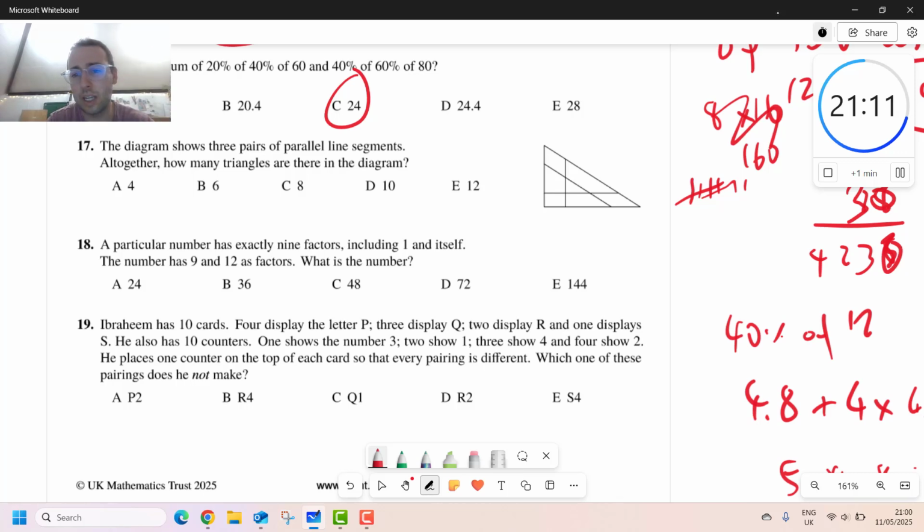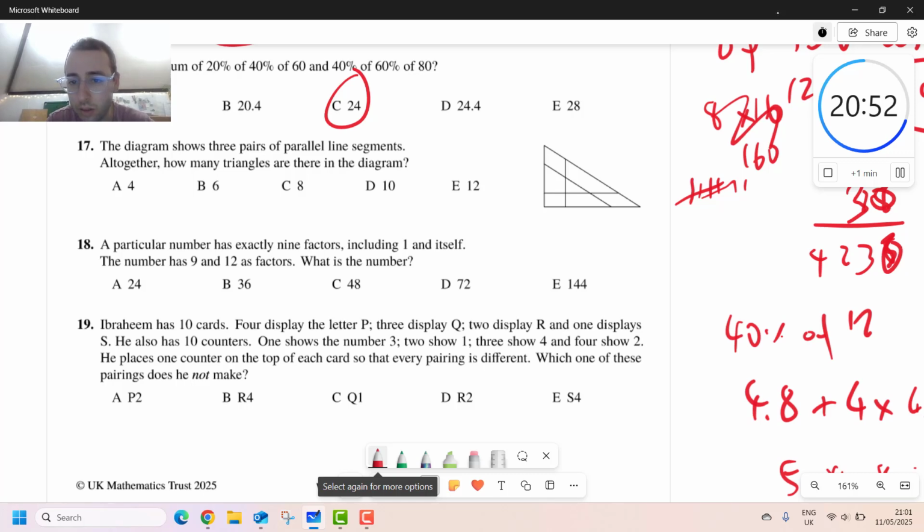How do you do that? Do you just count them? 1, 2, 3, 2, 3, 4. Probably 8.